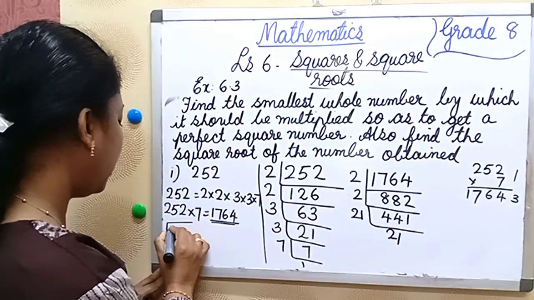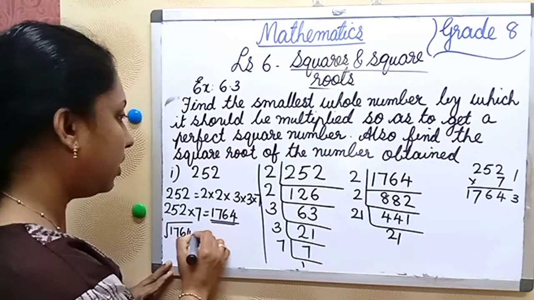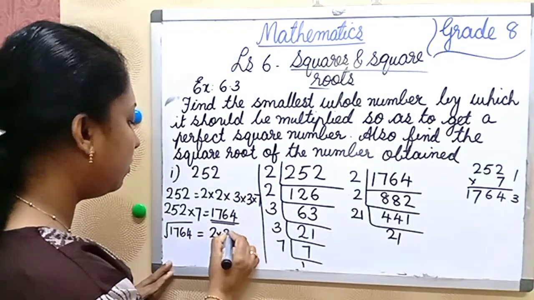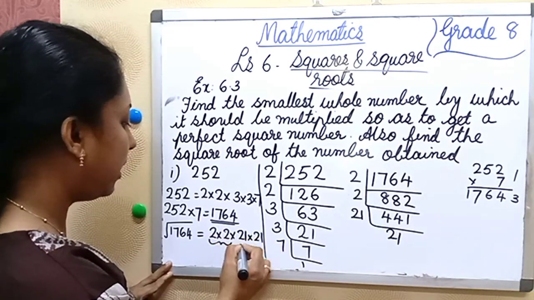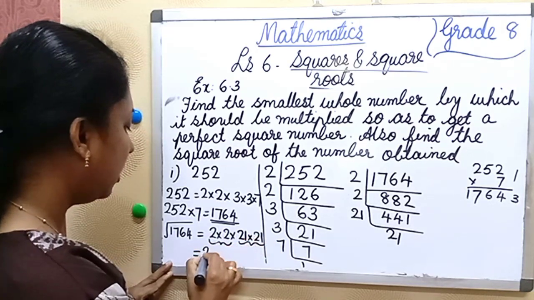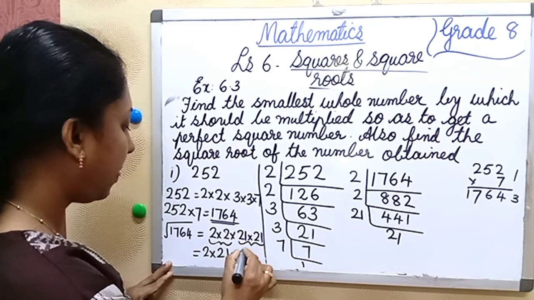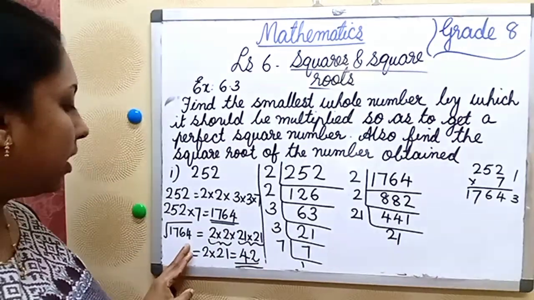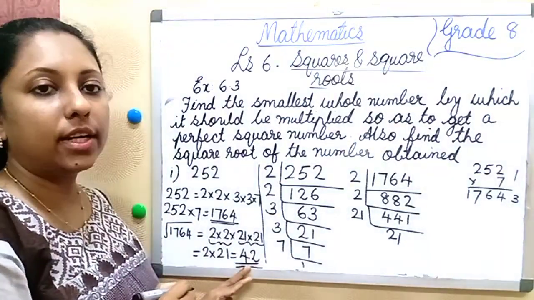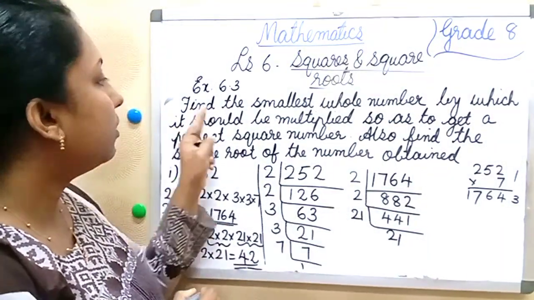So square root of 1764 is equal to 2 into 2, 21 into 21. So 2 and 21 are having pairs. So 2 into 21, 42. So square root of 1764 is 42.